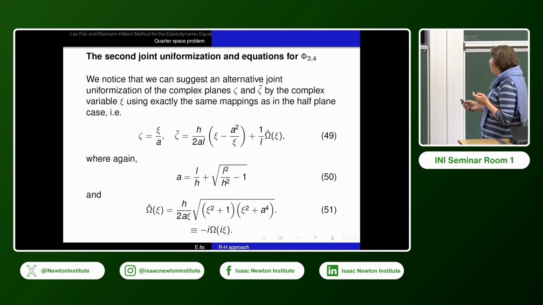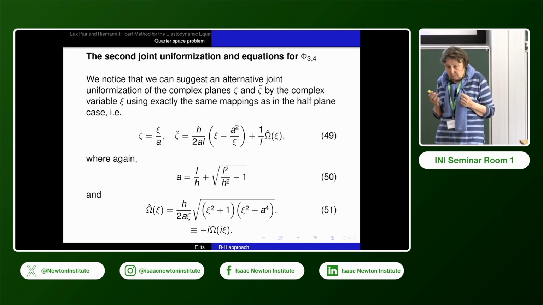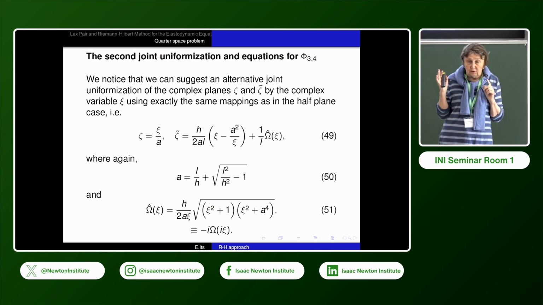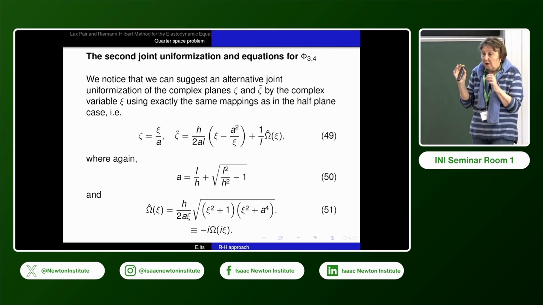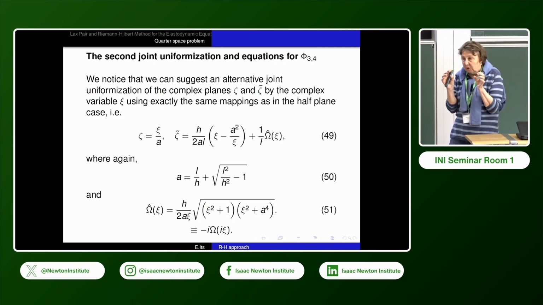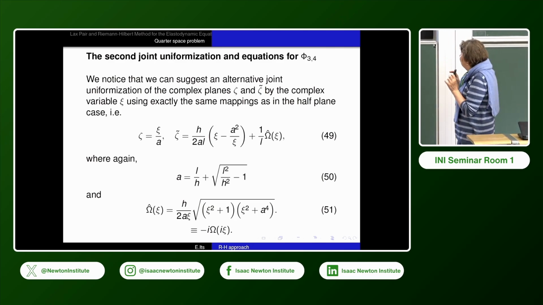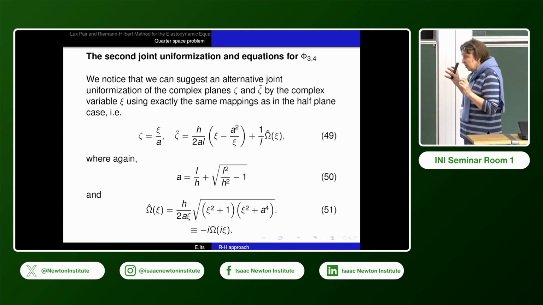Next, we notice that it is actually possible to do not only the uniformization which we did, moving phi1, phi2, psi1, psi2 into the same functions. We could use a similar joint uniformization, moving now the functions phi3, phi4, and psi3, psi4, making them the same.